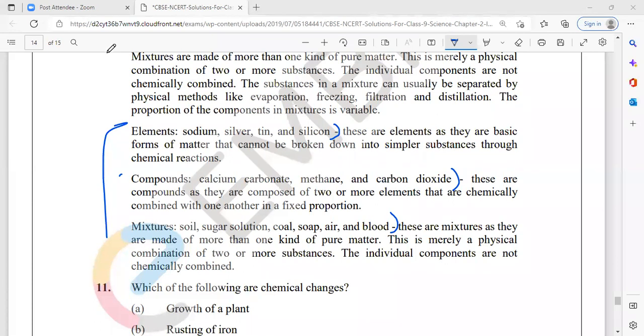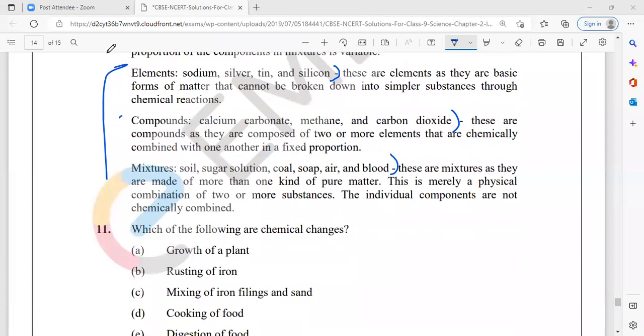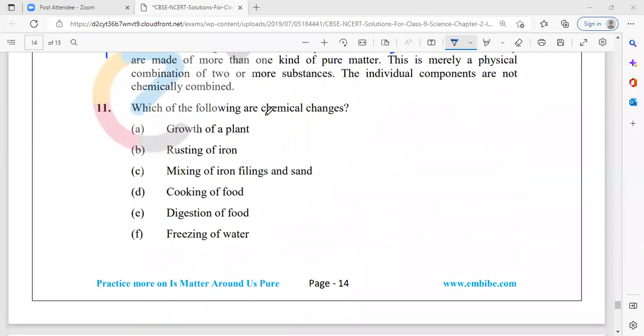Done? Yes, no. Okay. Now, which of the following are chemical changes?